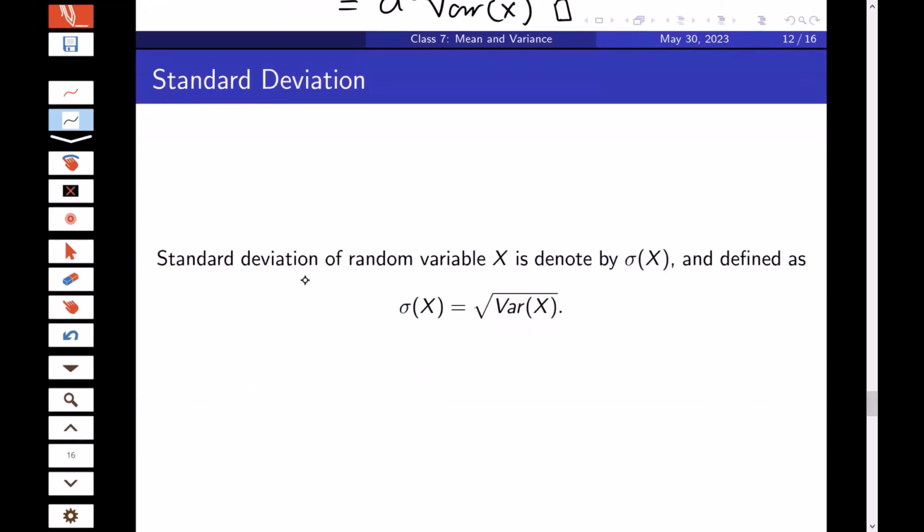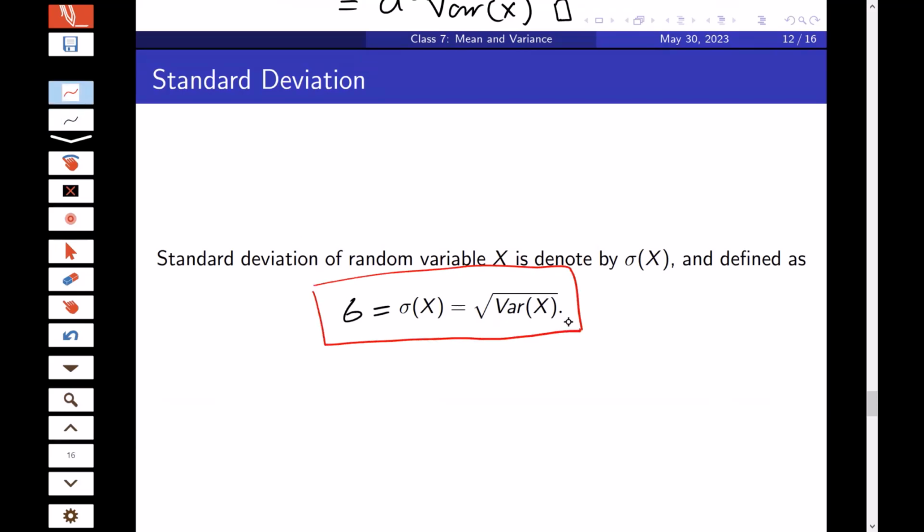Okay, so the standard deviation of a random variable is the square root of the variance. After you find the variance, you can find the square root, and then you will get the standard deviation of x. This can also be denoted by sigma.